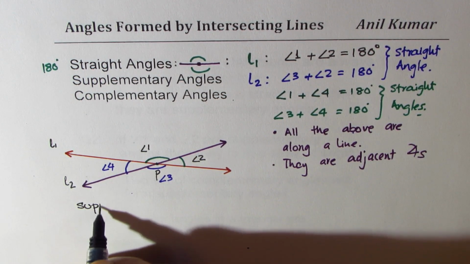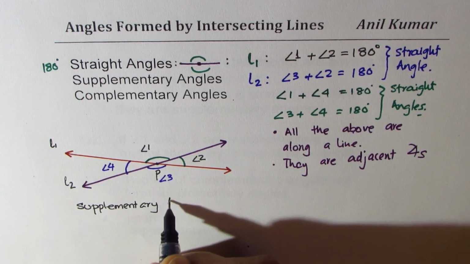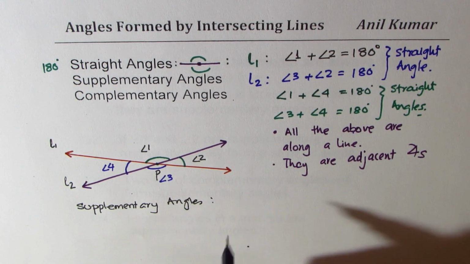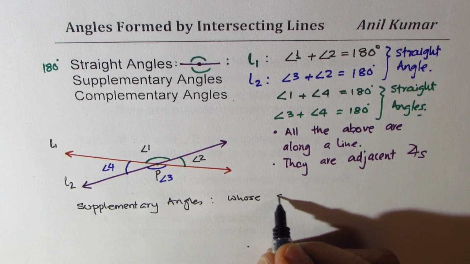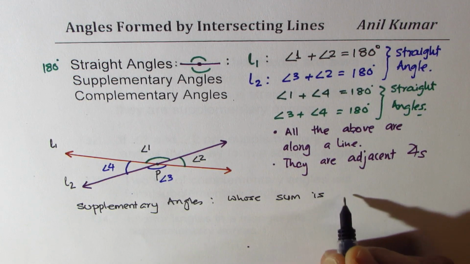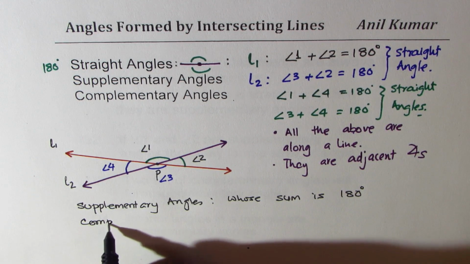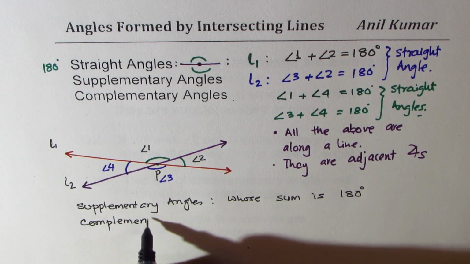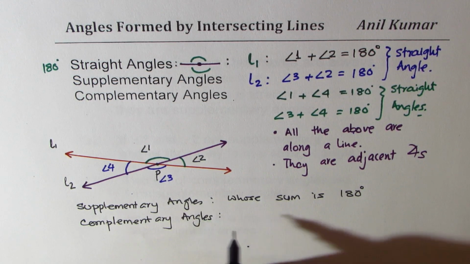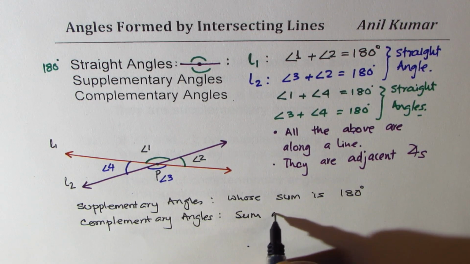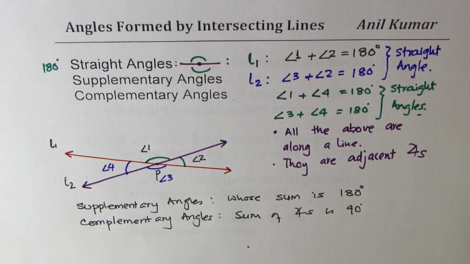Now supplementary angles are angles whose sum is 180 degrees. And for complementary angles, the sum of angles is 90 degrees. This is important to understand.